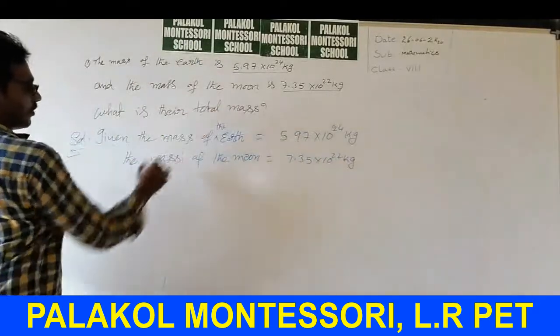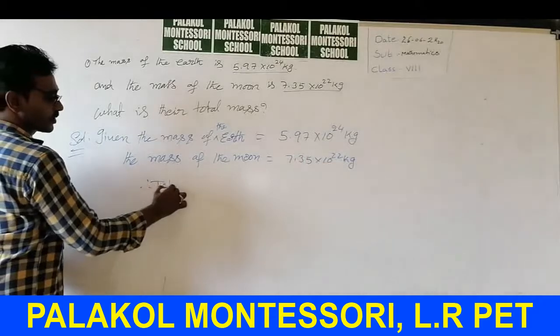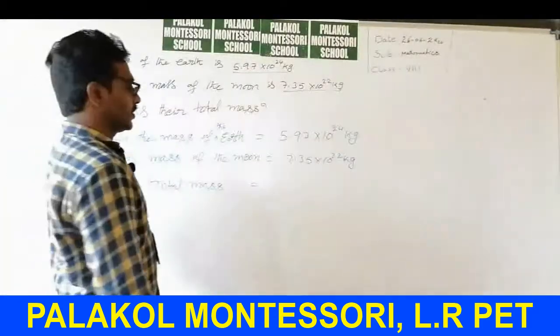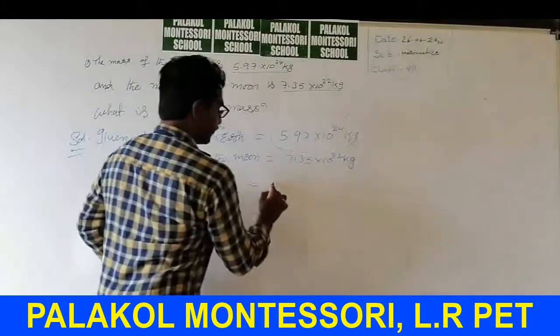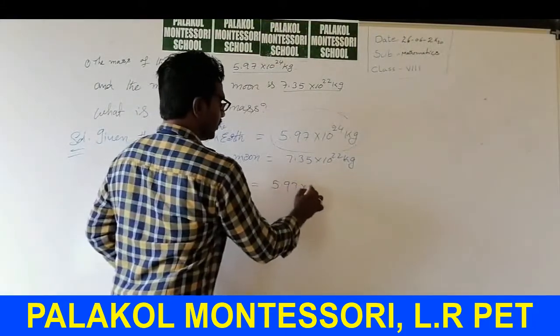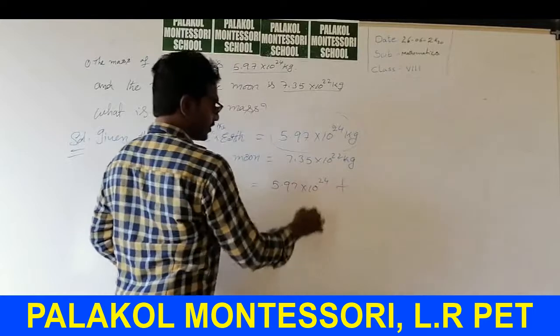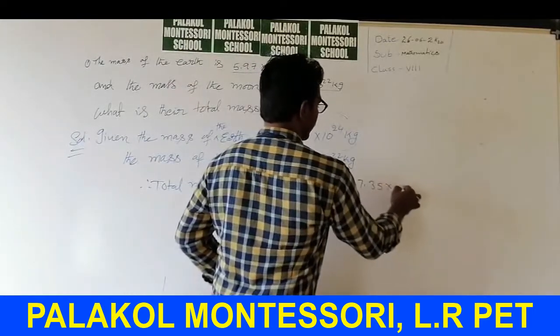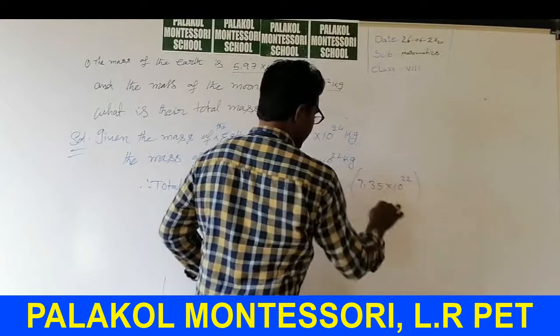You want total mass, therefore total mass is equal to, so what is the first one? 5.97 into 10 to the power 24 plus, put in the bracket, 7.35 into 10 to the power 22, put in another bracket.